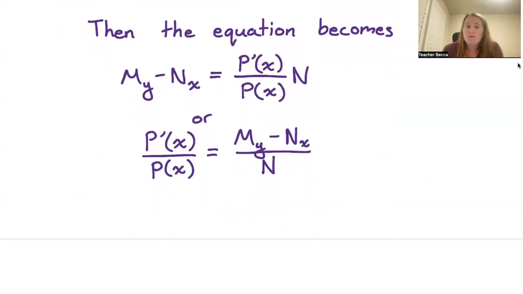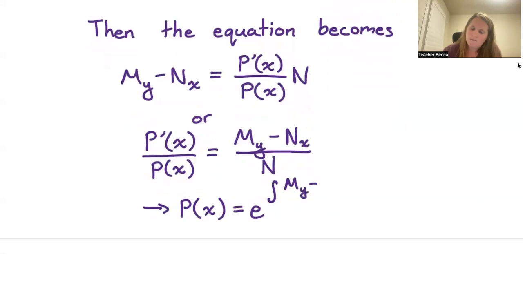We know how to solve this particular problem. It is a separable equation that's already been separated out, and we wind up getting that our capital P of x is e to the integral of my minus nx over n dx.